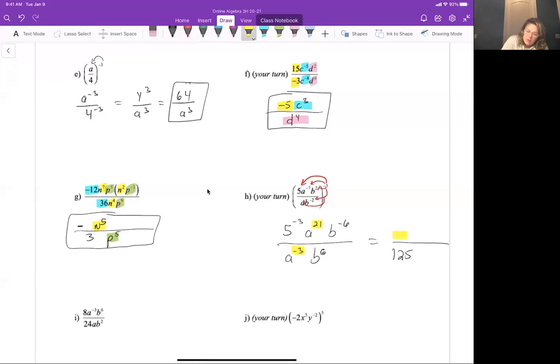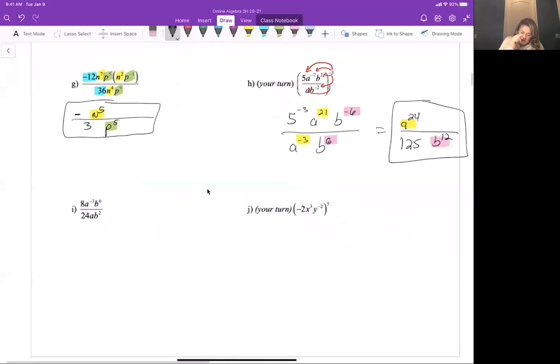So that's going to end up on the top, and so that'll be a to the 24th power. B to the minus 6 minus a 6 is now b to the minus 12. So that is going to be b to the 12th on the bottom. And this is simplified.